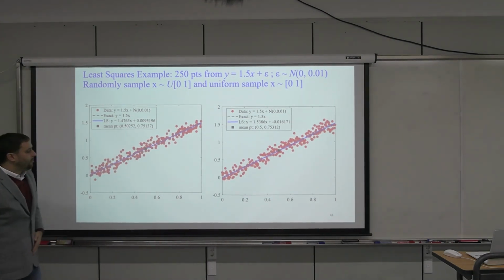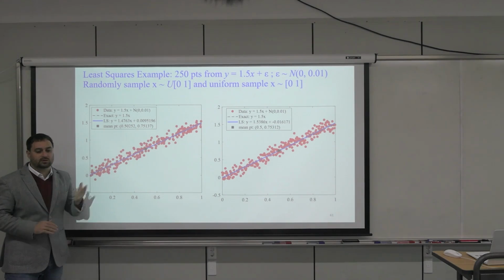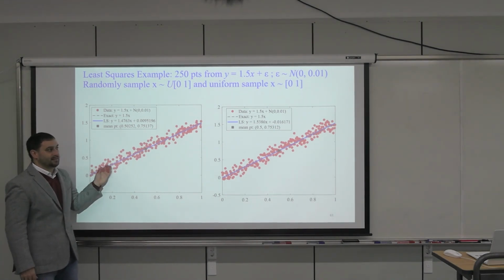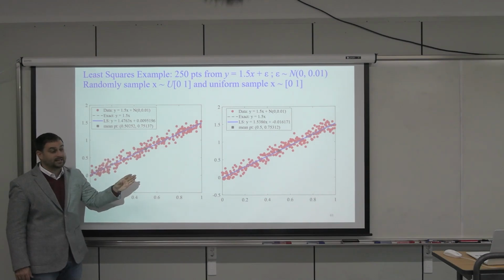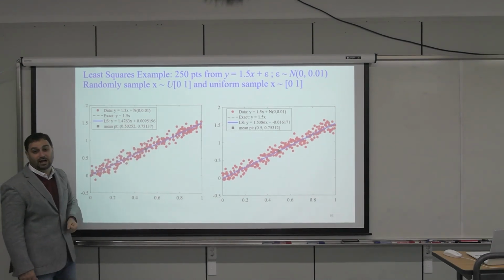As you add more data points, when you have data with noise, I think in the limit that your number of data points goes to infinity, your line of best fit will approach the true underlying function.